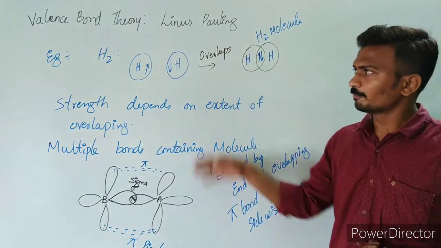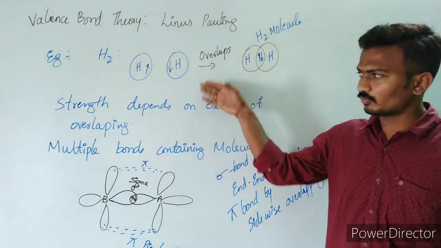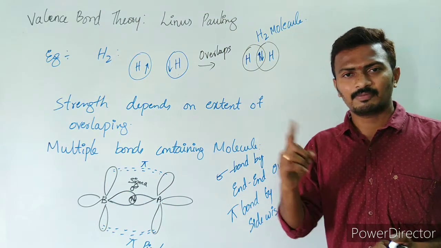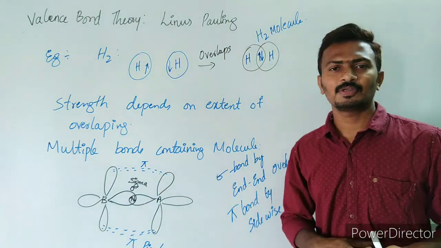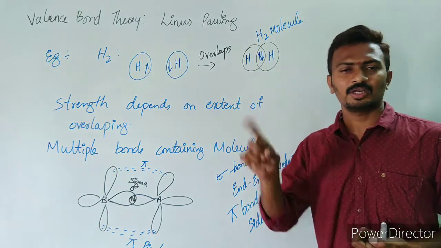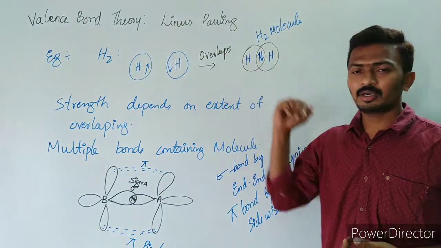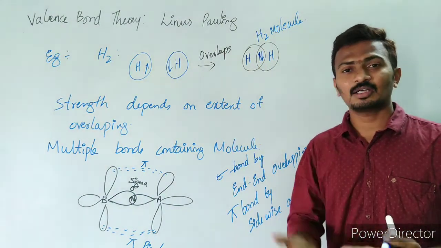In this way, valence bond theory, VBT, explains that covalent bond formation occurs when an atomic orbital with one unpaired electron in the valence shell overlaps with that of the other atom which has an opposite spin in its valence shell. That overlapping will lead to the formation of a covalent bond. The strength will depend upon the extent of overlapping.